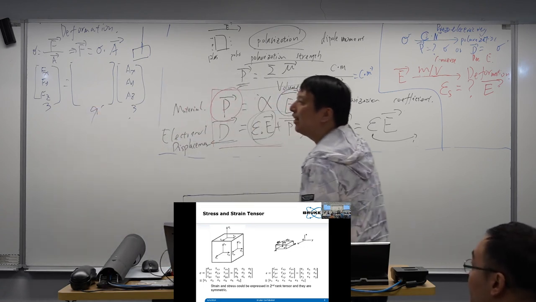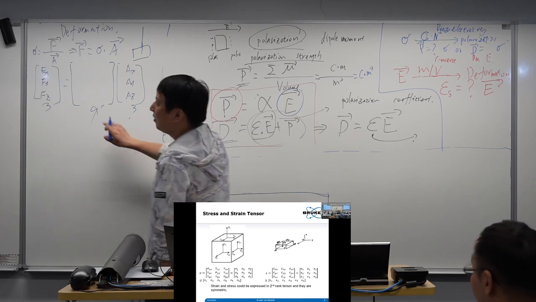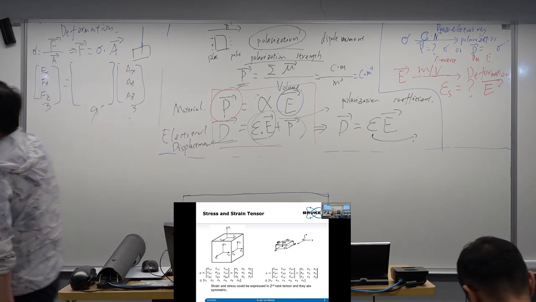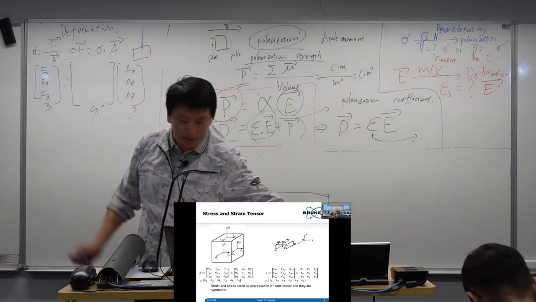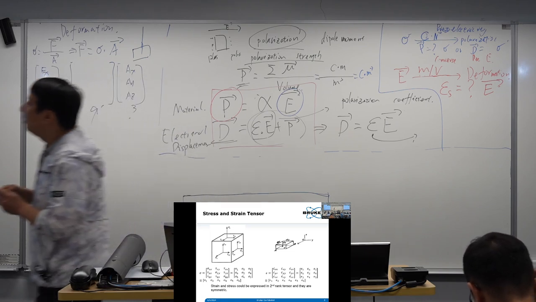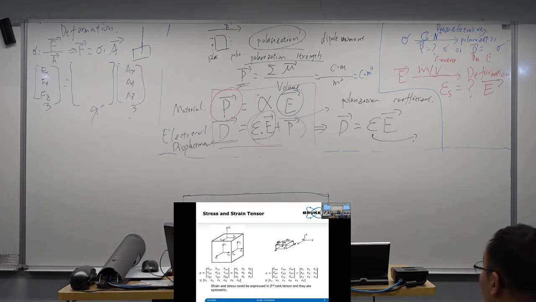So this matrix should have 9 components, right? These 9 components, I have written down as this one. And because of the symmetry, this matrix should be symmetric.